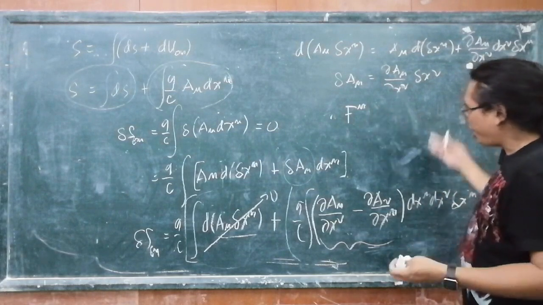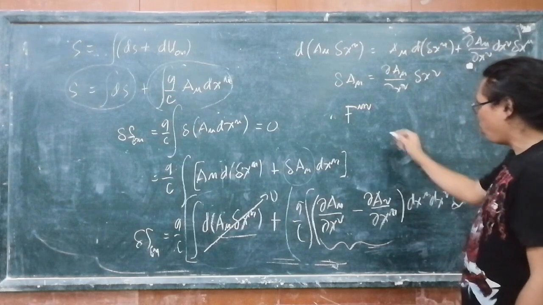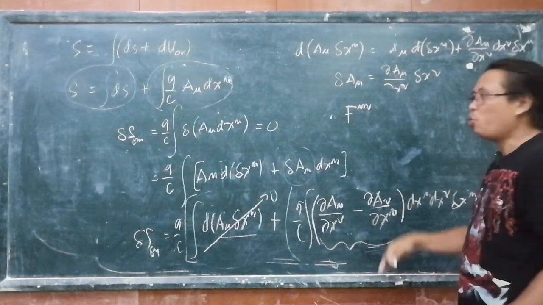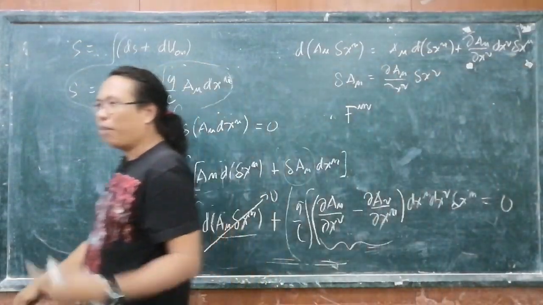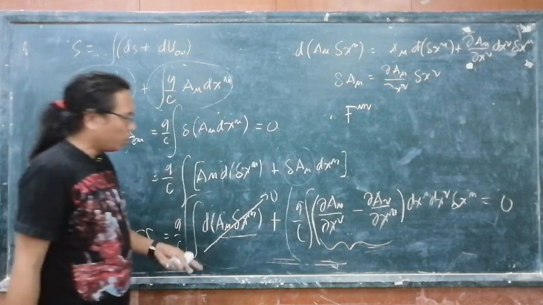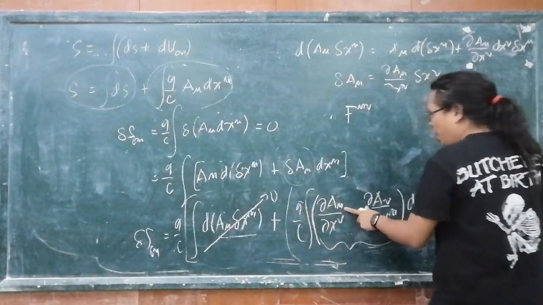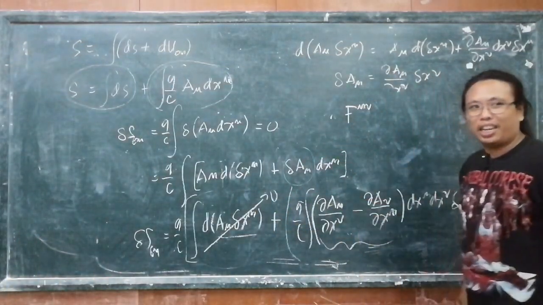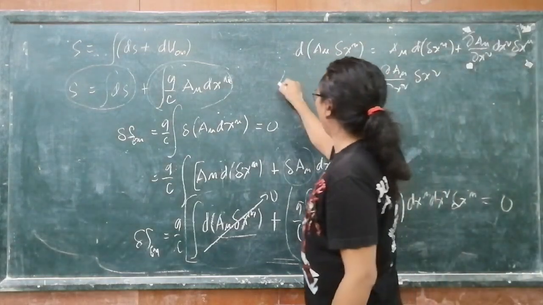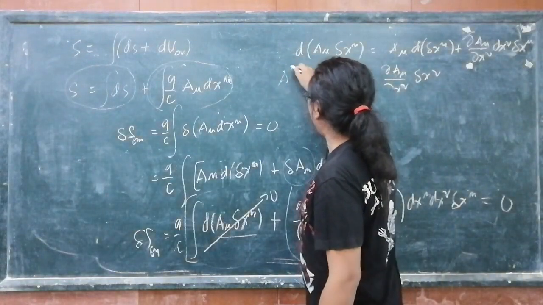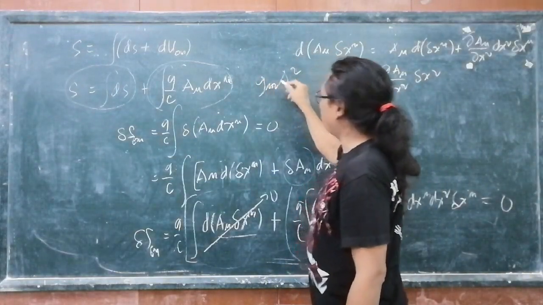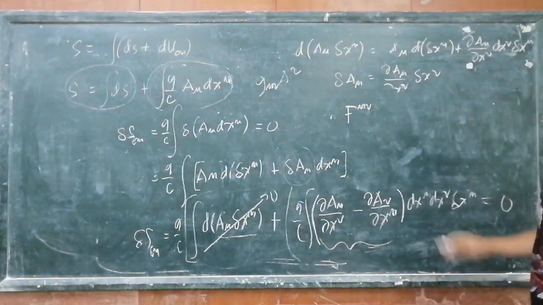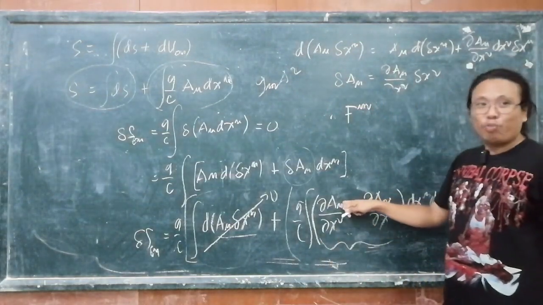We'll just define it in the contravariant form; anyway, we can just raise that index. A_mu is just equal to A_nu g_mu nu, so we can go back to A_mu by this one.